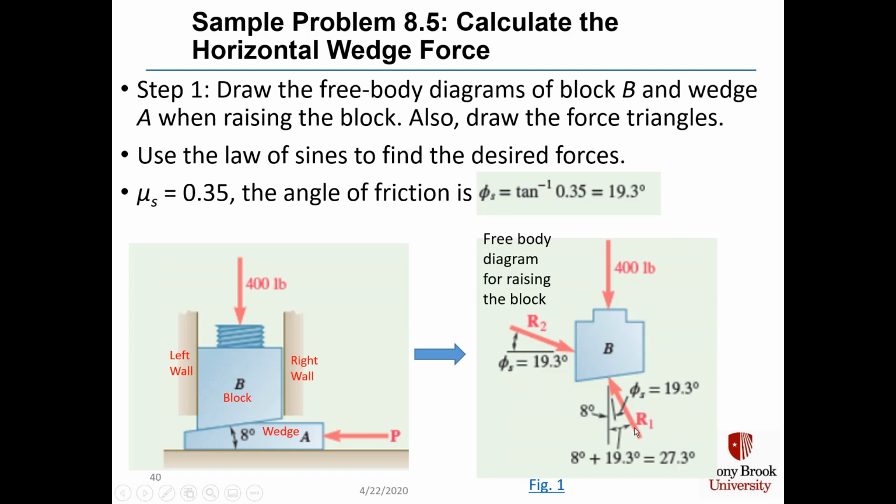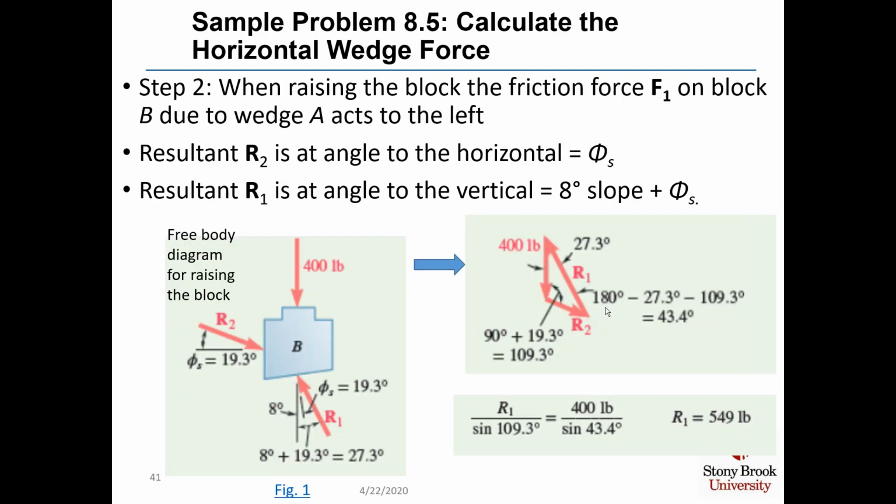R1, which is the resultant of the wedge on the block, is drawn for raising the block at 19.3 degrees plus the 8-degree angle of the wedge, or 27.3 degrees. And then, of course, we have our 400-pound force acting down on the block, which is the weight of the block.